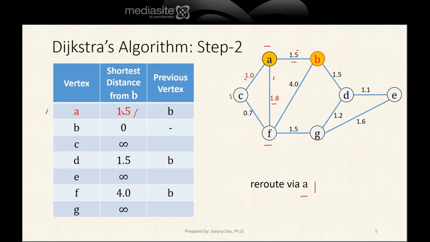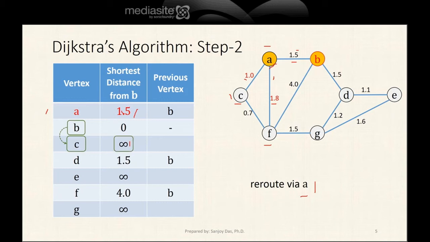From A, I can go to C. What's the distance to C that I found so far? Infinity. The distance from B to C that I found so far is infinity, and that's the straight distance which I have marked in green.